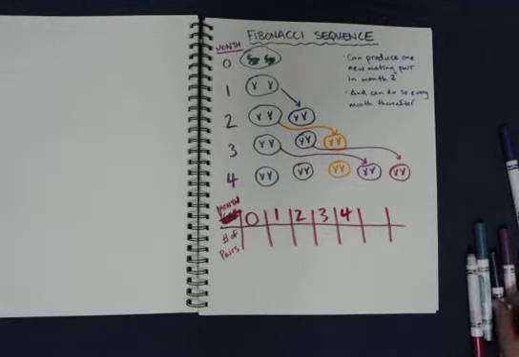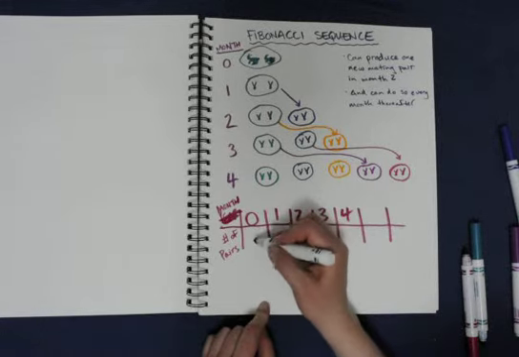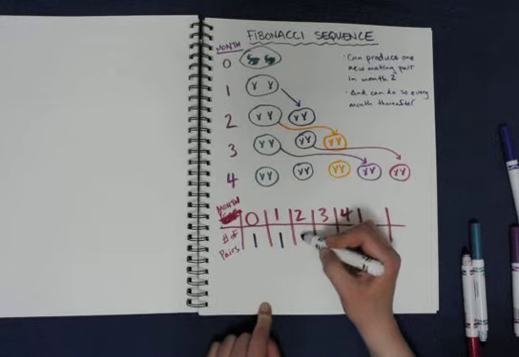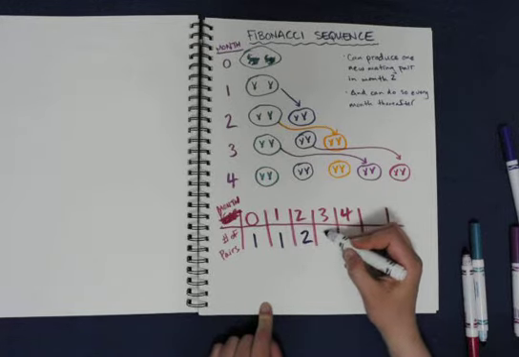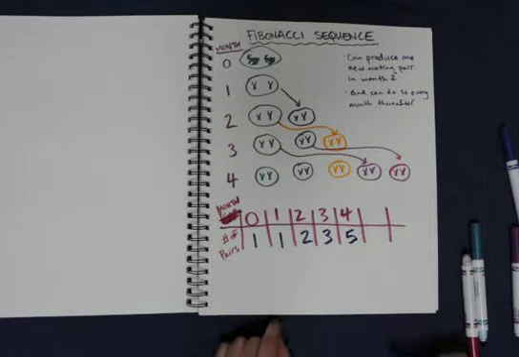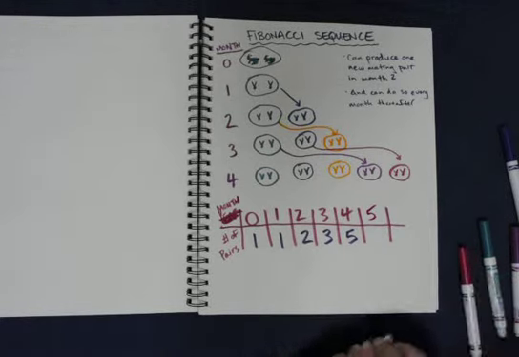So in this month we had 1 pair of rabbits, and this month we had 1 pair of rabbits, and the next month we had 2 pairs of rabbits, and the following month we had 3 pairs of rabbits, and then we had 5 pairs of rabbits. And I think you remember me saying that we were going to have 8 pairs of rabbits after that.